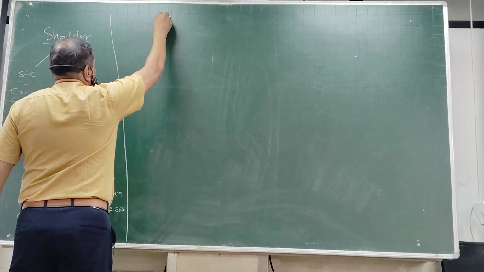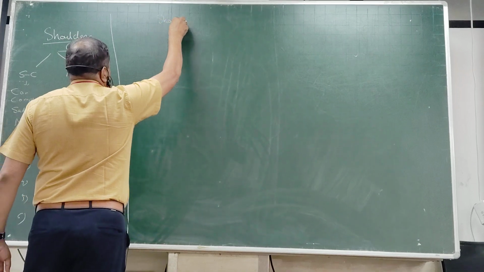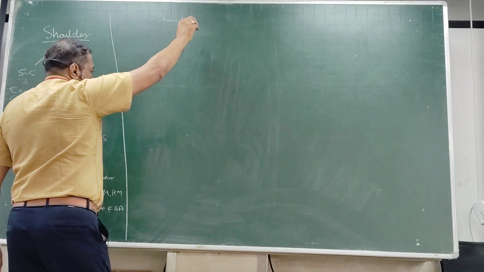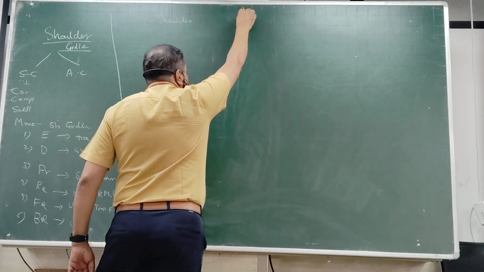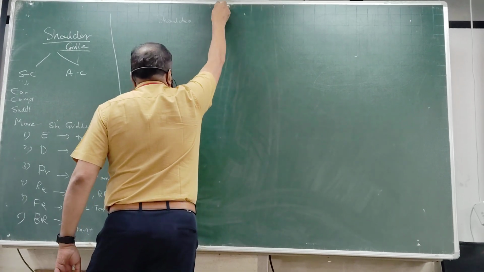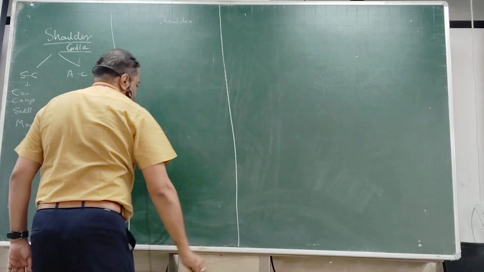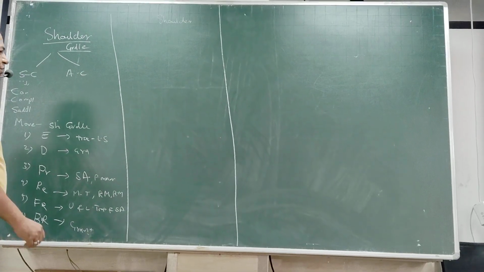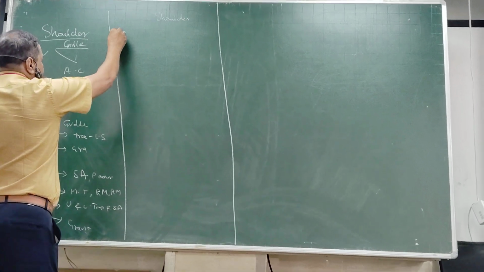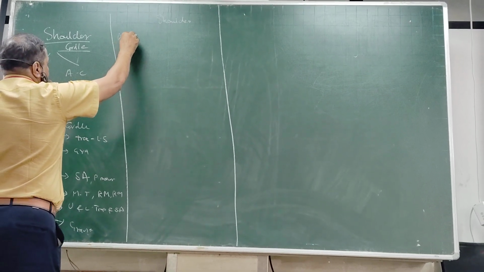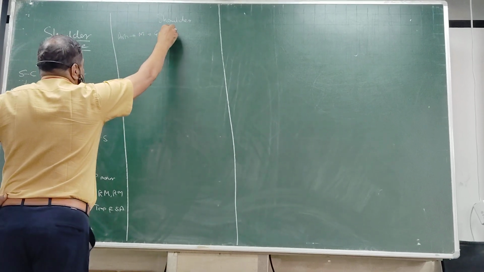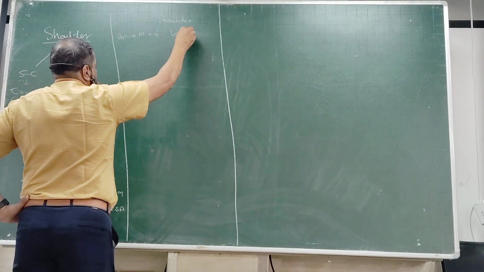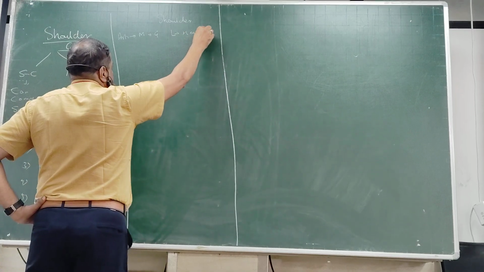Then comes the shoulder joint. Multi-axial ball and socket joint of synovial variety. The articulating surfaces of the shoulder joint: medially there is the glenoid and laterally there is the head of the humerus.